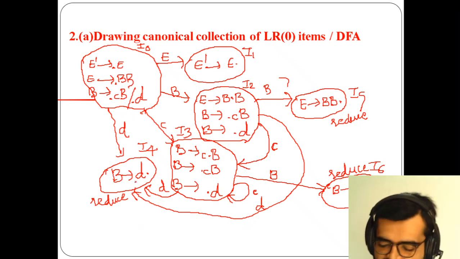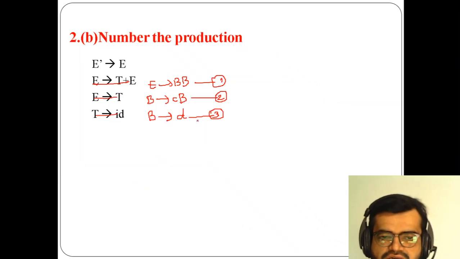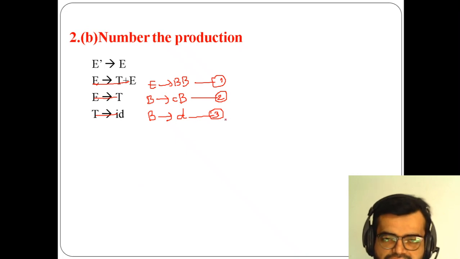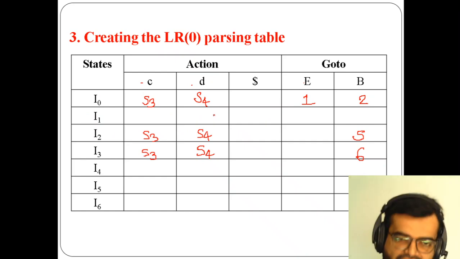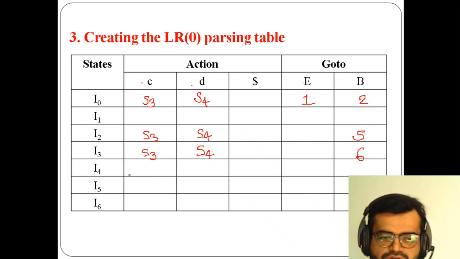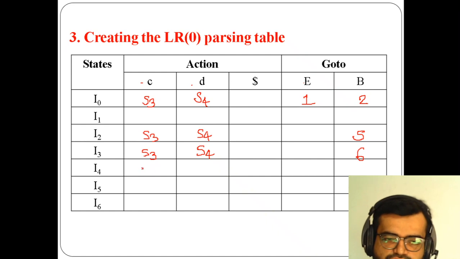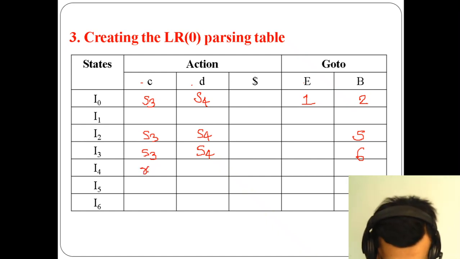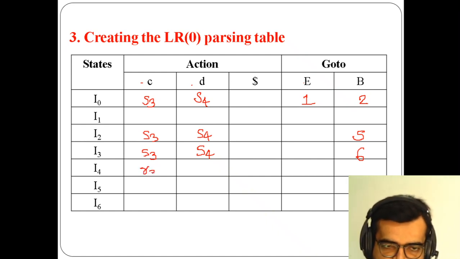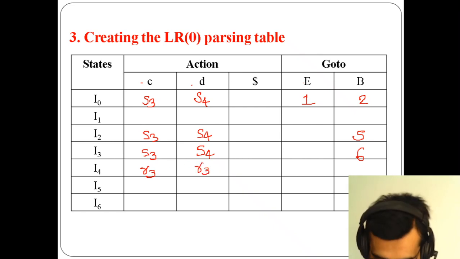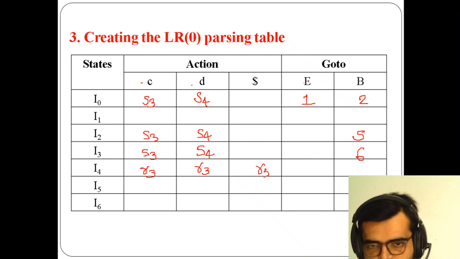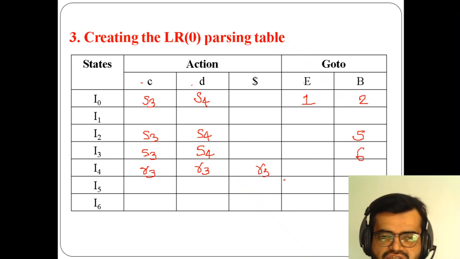So B of D dot is the third production. So in I4 it is used for reduce. R represents reduce, so you have to write R3 in all the actions: R3, R3, R3. You shouldn't write it in go to, just write it in actions, because the production number is three.